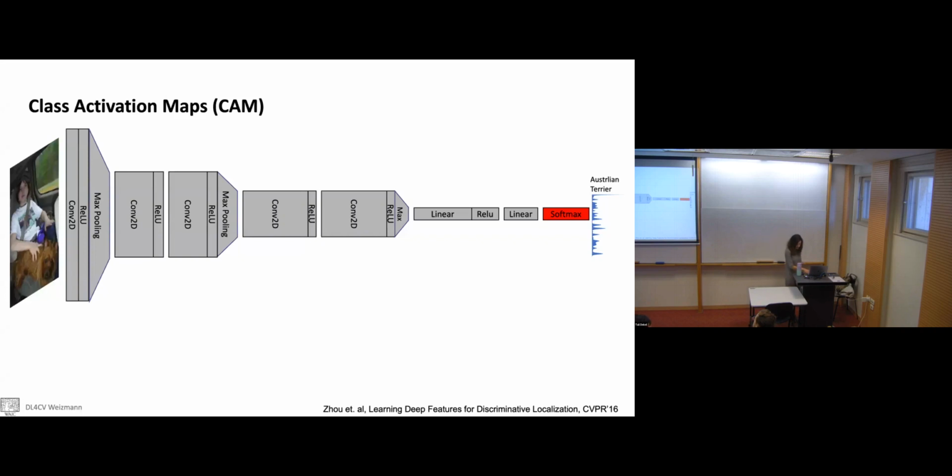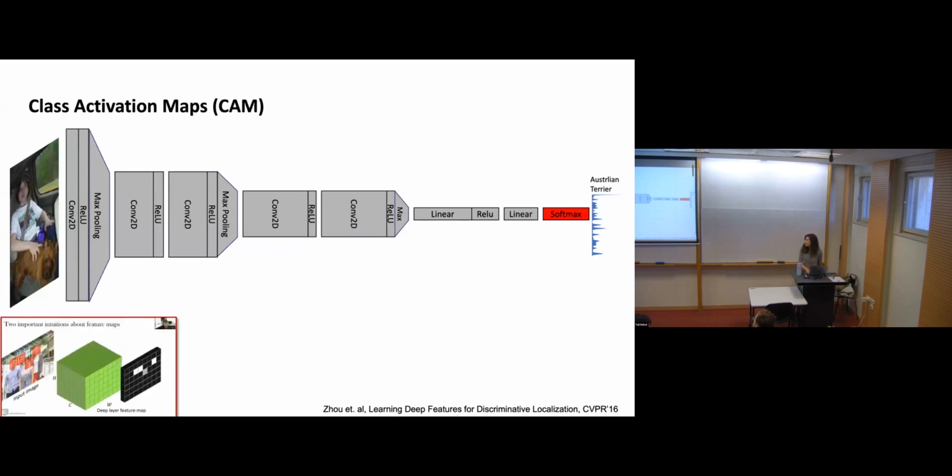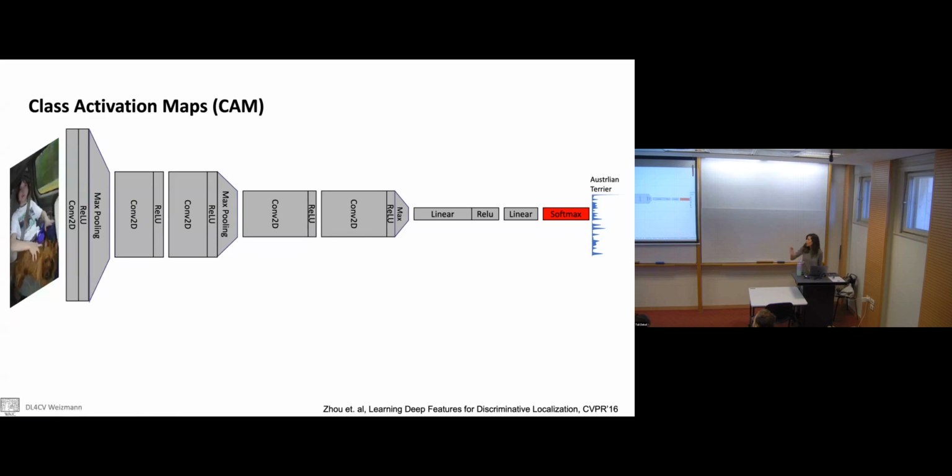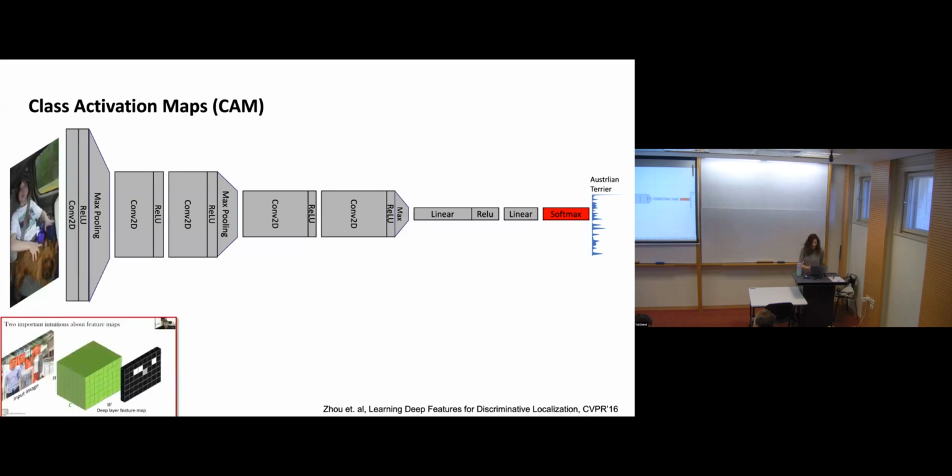They observed that, if we look again at this common architecture, I'll remind you that in the previous class, Asaf talked about one of the properties we see in CNNs: different feature maps typically capture or learn certain patterns in the images.